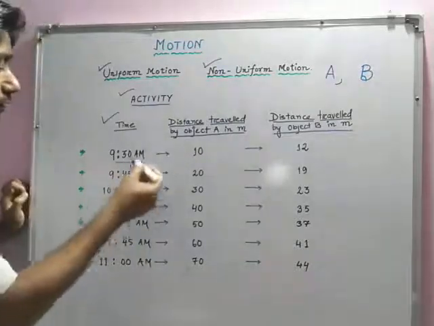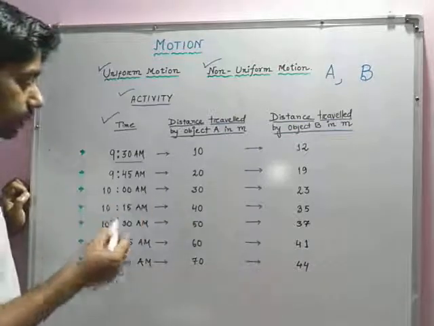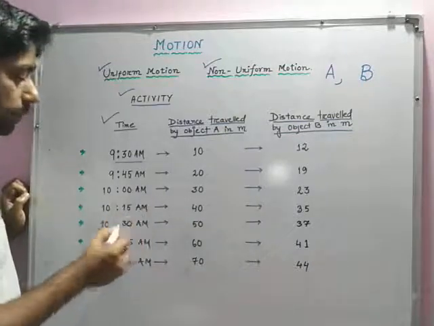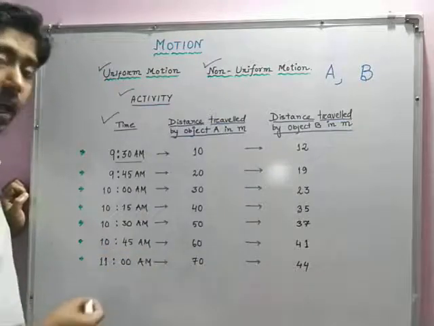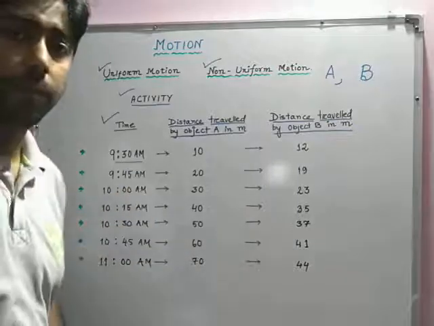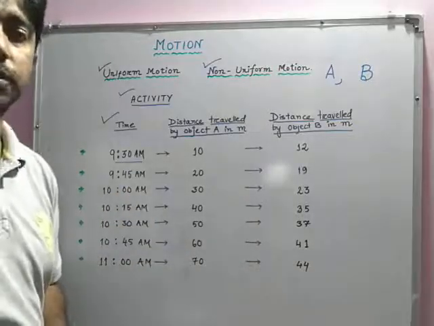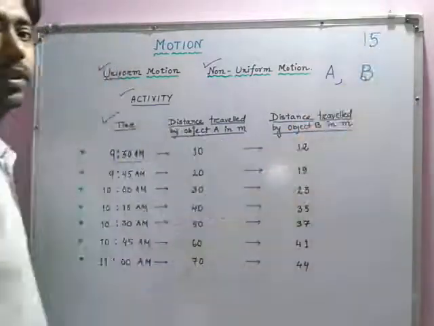That means a difference of 15 minutes. Then we have 10 AM, 10:15 AM, 10:30 AM, 10:45 AM and 11 AM. So these time intervals have a difference of 15 minutes between them.